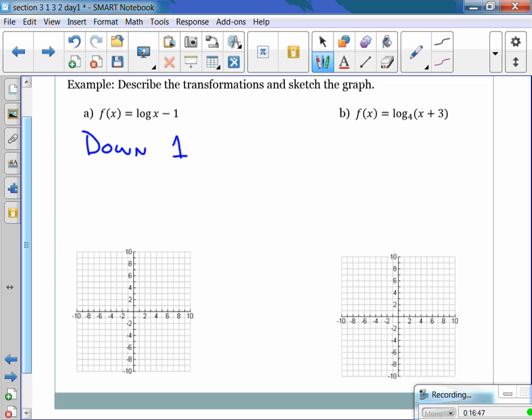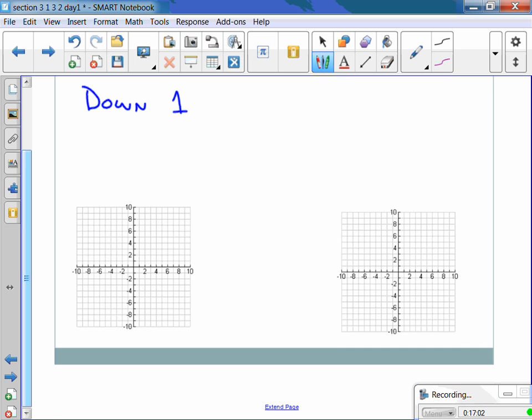I don't shift it down 1. Why not? Actually, it's a vertical asymptote right there at x equals 0. We're not doing anything at all to it, so the only thing that will change is my intercept. Where was my intercept? It was at 1, 0, but now we're going down 1, so it now becomes 1, negative 1.